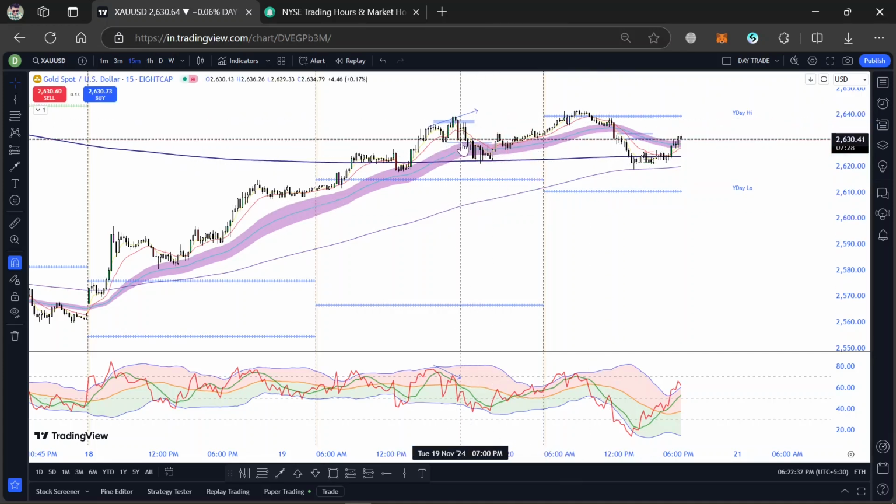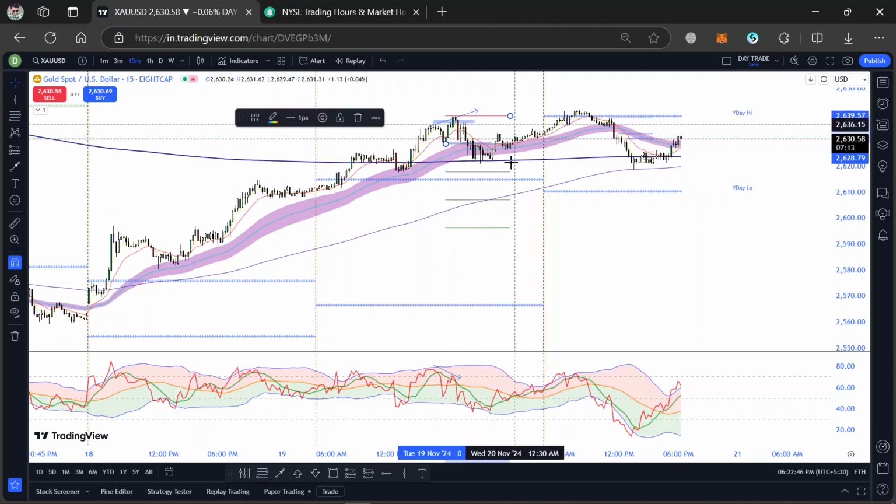But your entry will be according to this signal, your entry will be below here, and your stop loss would be above there, right? It is barely making 1:1.